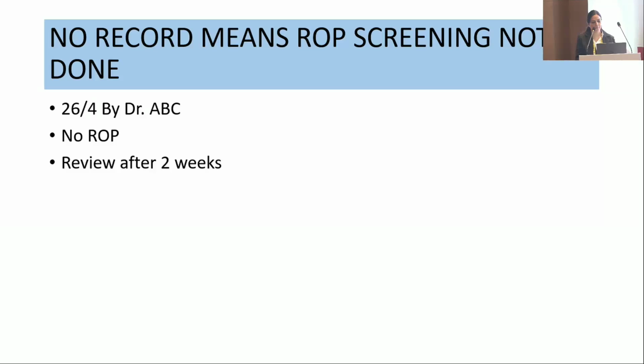So the second case is from Patiala, where the anesthetist was the owner of the hospital and the pediatrician was involved. It was in 2005, a 750 gram baby who was a 27 weeker. He was on a ventilator for 4 weeks, and the examination was done at 5 weeks by the ophthalmologist, and he was told about the immediate treatment and referred to a higher center.